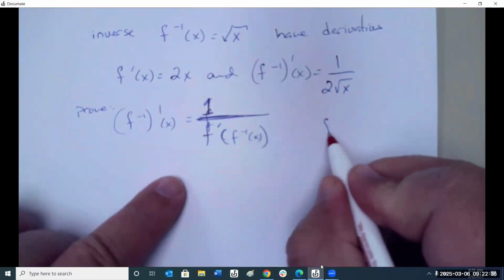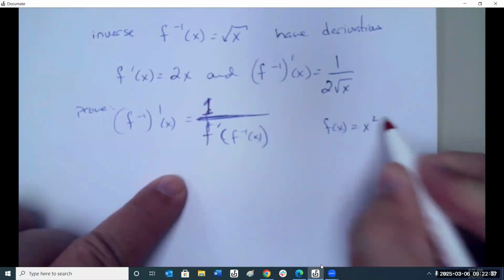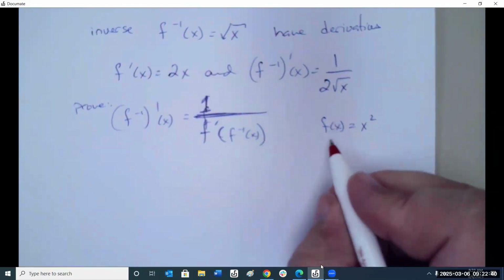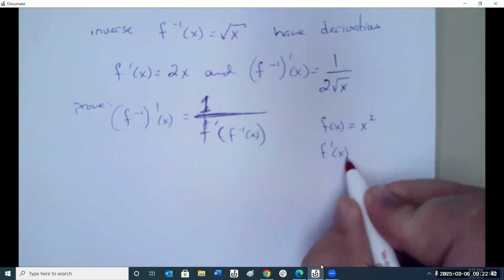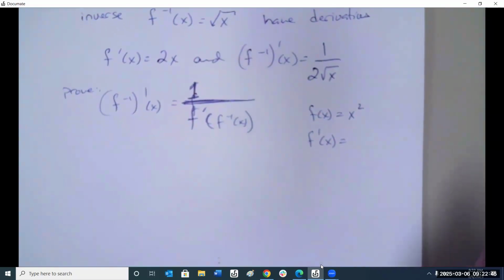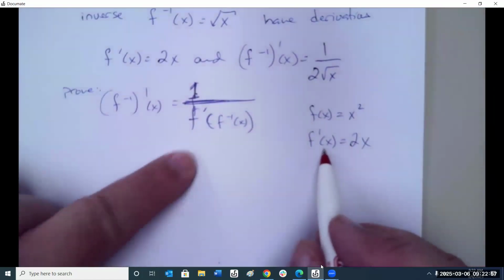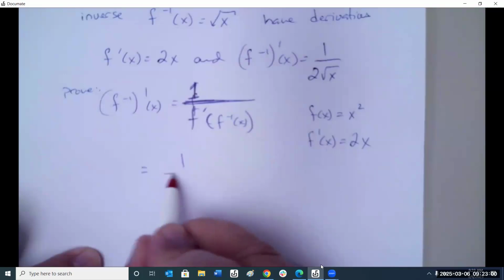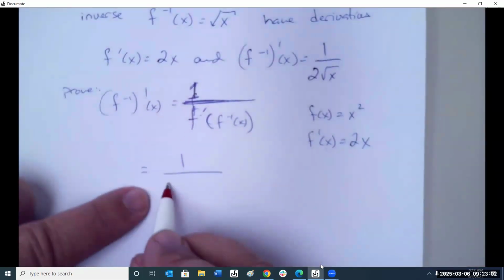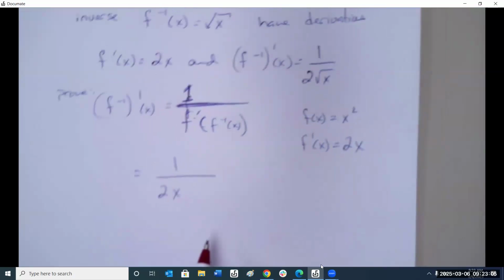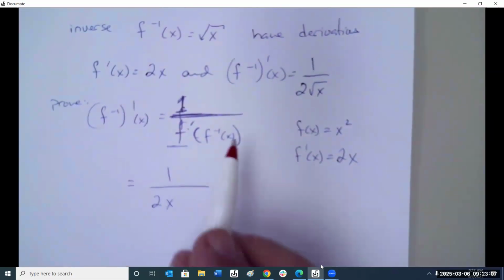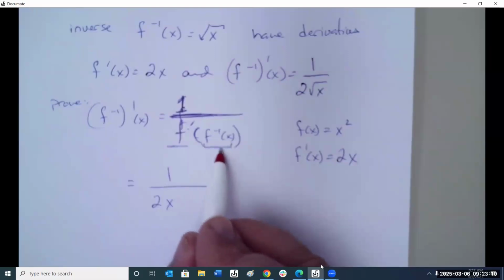So what do we know? We know our function f of x is x squared. Check. What is its derivative? What's the derivative of x squared? 2x. We need that because that has to go on the bottom. So the derivative of f is 2x. That's what this part says. Okay, what is our inverse function?